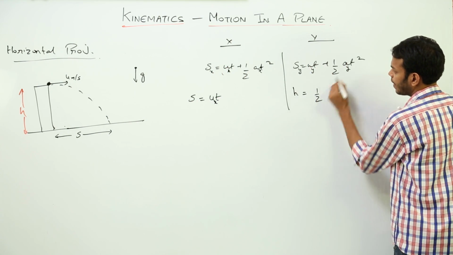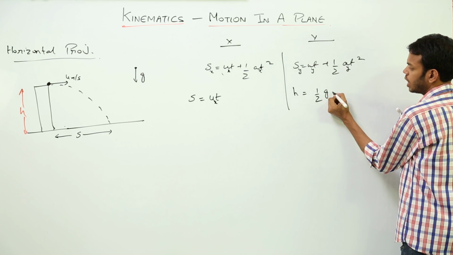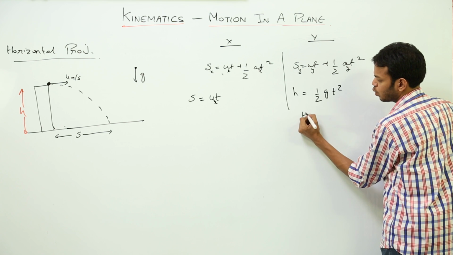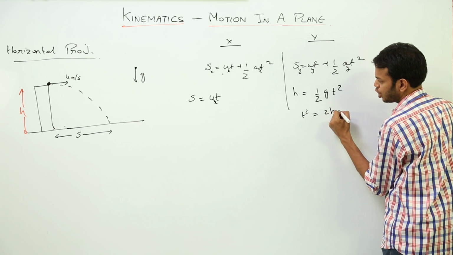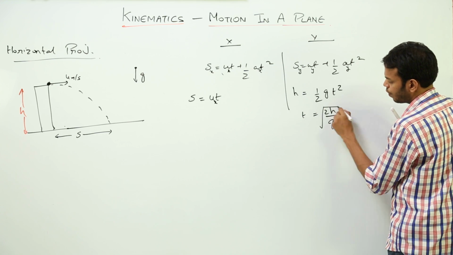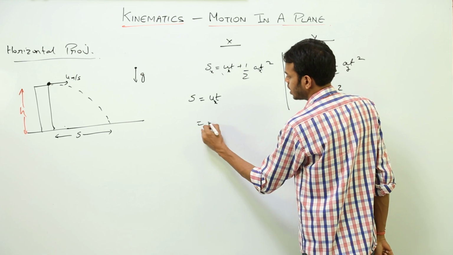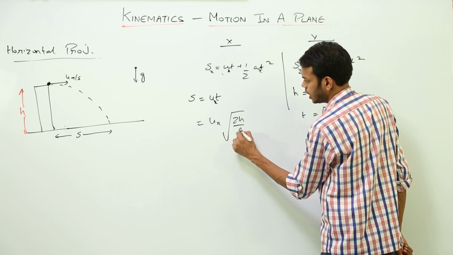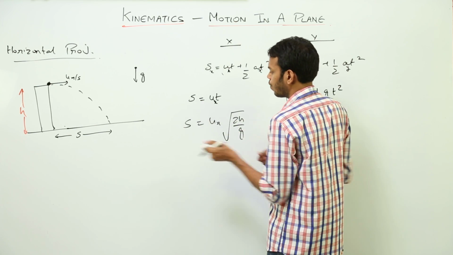You are left with half acceleration along the y axis, that is, half g t square. So t square is 2h upon g, so t is the square root of 2h upon g. If I use this in ux times the square root of 2h over g, this will give me the formula for the distance covered along the x axis.